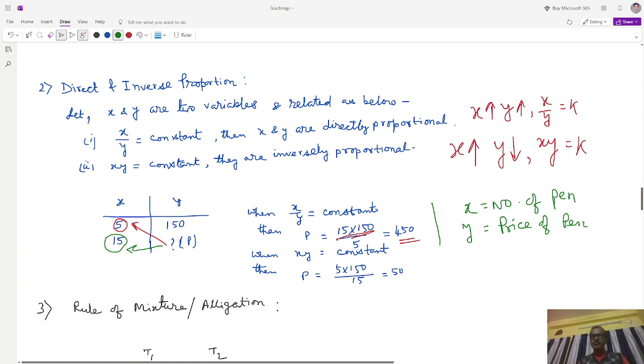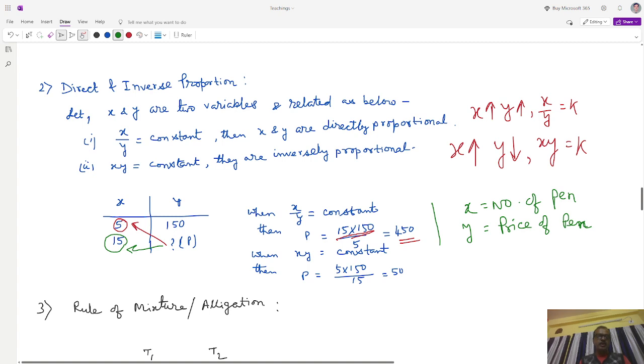So x and y are directly proportional because when the number of pens increases, then the price of pens will increase.